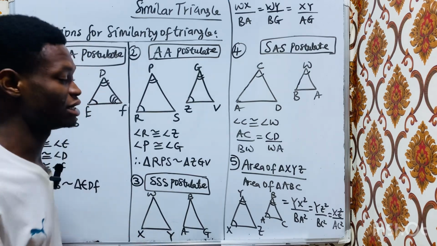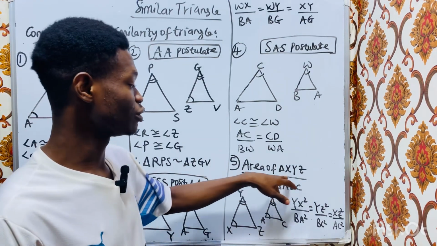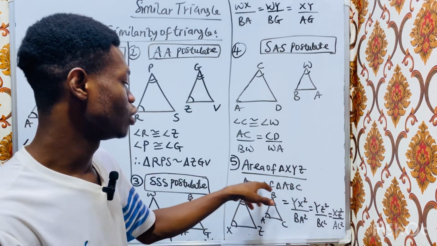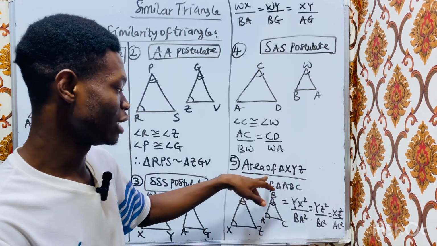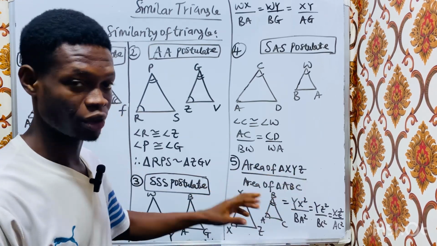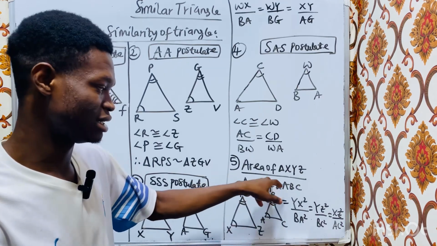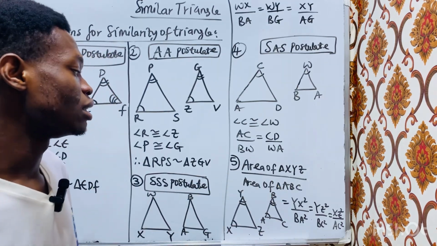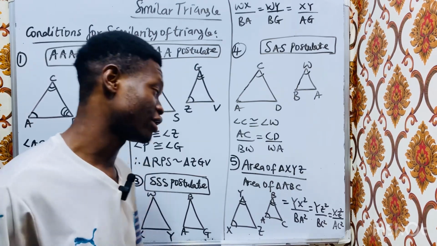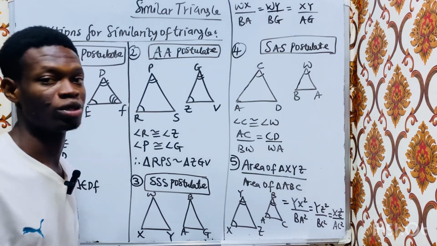So this fifth one is trying to tell us that if the ratio of the areas of these two triangles, as illustrated here, is equal to the ratio of the squares of their corresponding sides, then you know that they are similar.